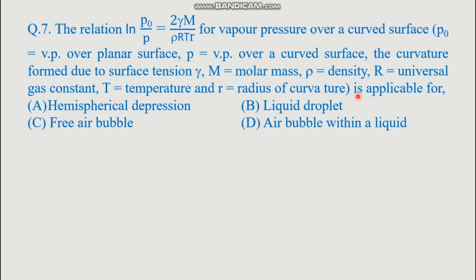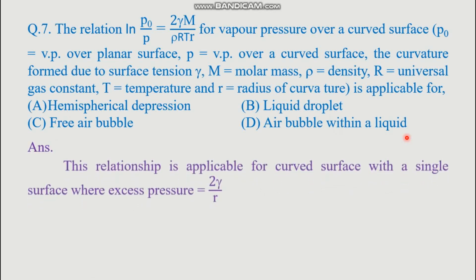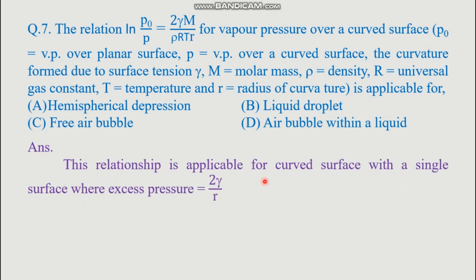So this is applicable for which situations? Hemispherical depression, liquid droplet, free air bubble within a liquid. Now you see that this relationship is applicable for a curved surface with a single surface where excess pressure is twice gamma by R. Now look, for a hemispherical depression there is a single curved surface.